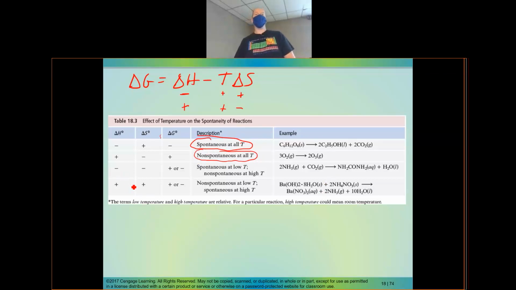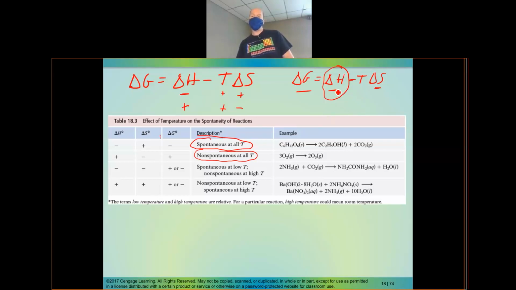All right, so when they are both negative, this is an easy thing to remember. Delta H minus T delta S. When they are both negative, this is negative and this is negative. And we want the delta G to be negative, to be spontaneous. So we want the delta H factor to dominate. In order for the delta H factor to dominate, we need to have a low temperature.